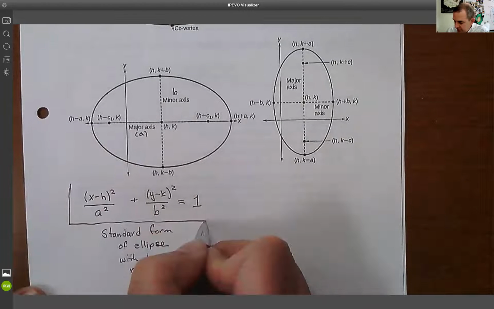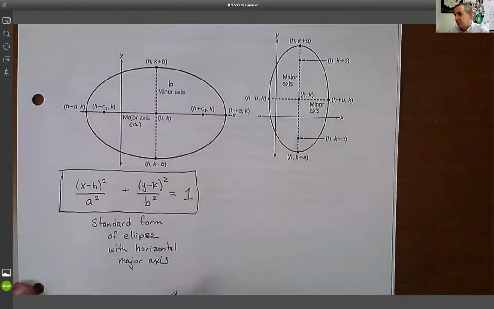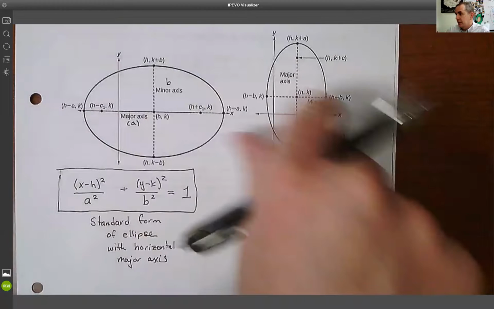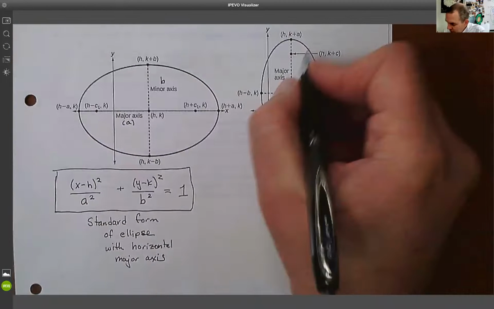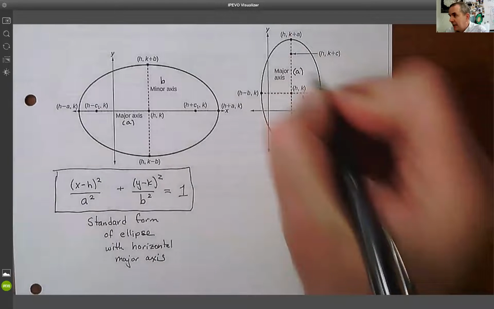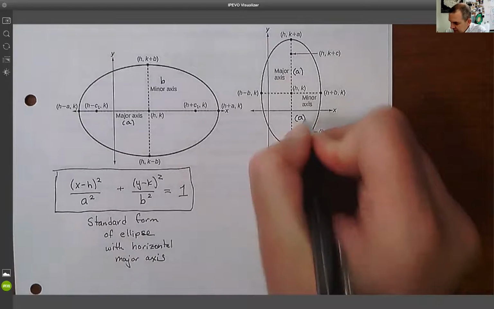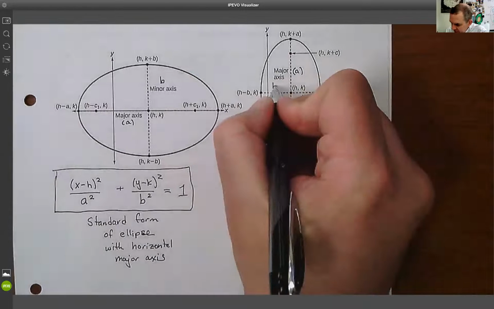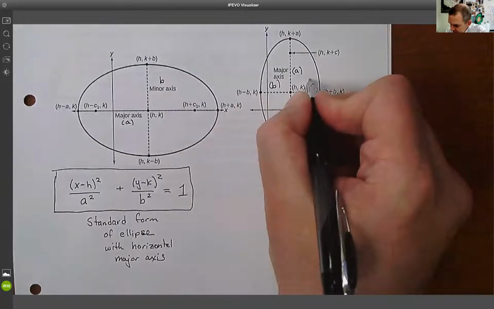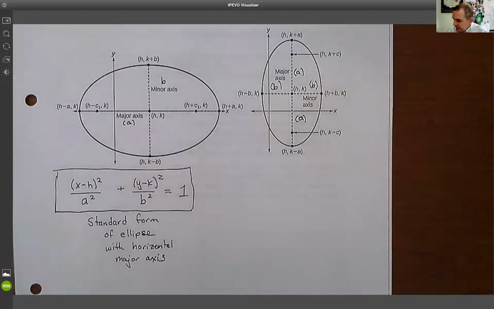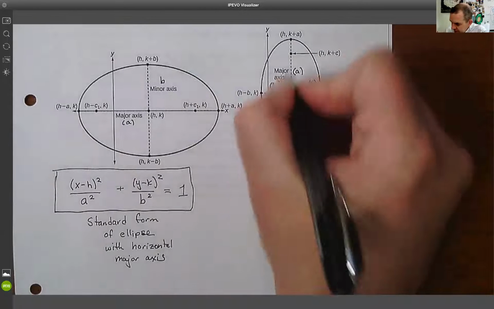The first thing we need to figure out is where the major axis is. This next one is rotated 90 degrees. Now the up and down distance becomes a, and the distance left to right becomes b. Our focus is still c.